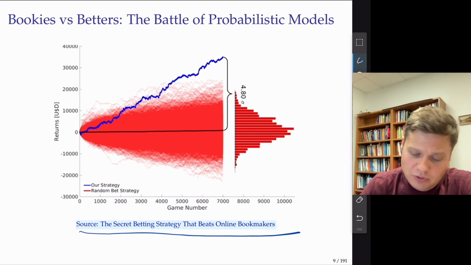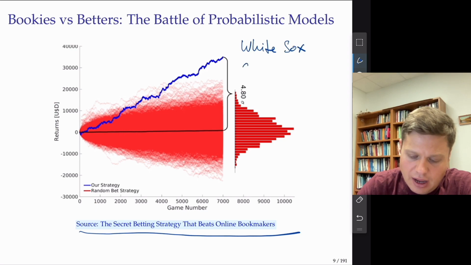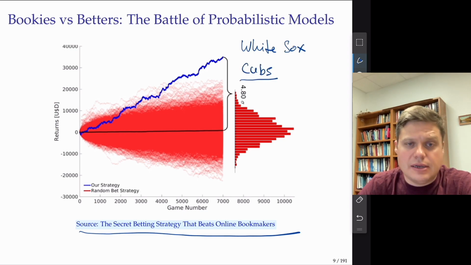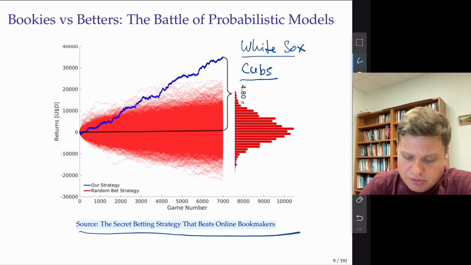If you follow baseball, for example, you know that in Chicago there are two baseball teams, the White Sox and the Cubs. The Cubs have been an underdog for many years, and the White Sox were a relatively strong team.